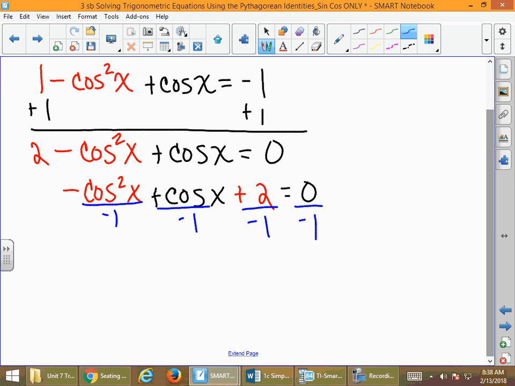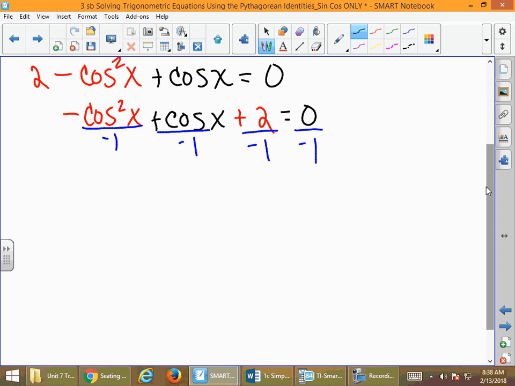All that we're really doing is moving negative cosine squared over to the right side of the equation. But ultimately what happens when we do that is we end up with positive cosine squared of x plus cosine of x.